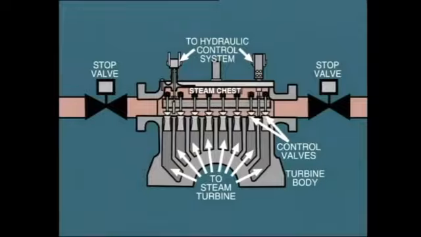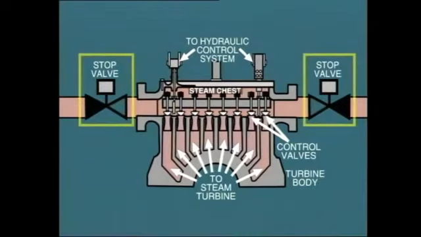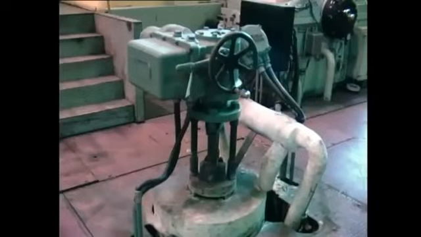Then the control valves are all opened completely, providing access to the complete 360 degrees of admission nozzles. Steam flow to the turbine is then controlled by throttling at the stop valve. This may be carried out by manual operation on a hand wheel like this, or perhaps remotely from the control room.